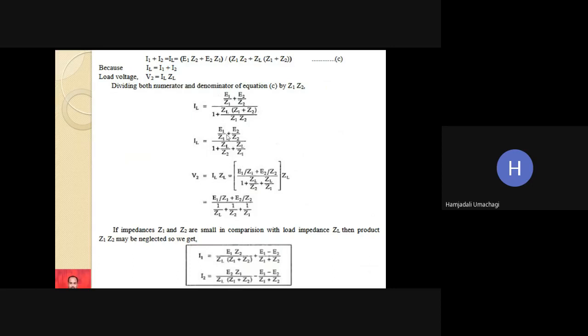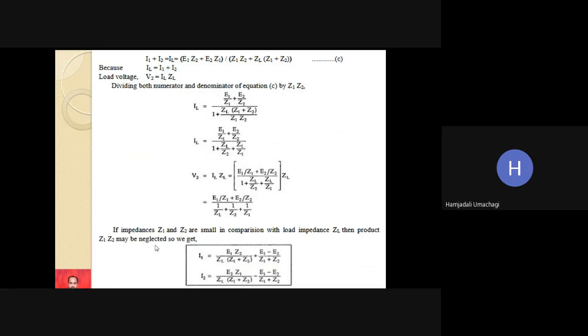That is E1 by Z1 plus E2 by Z2, whole divided by 1 plus ZL by Z2 plus ZL by Z1, multiplied by ZL. After simplifying, V2 will be E1 by Z1 plus E2 by Z2, whole divided by 1 upon ZL plus 1 upon Z2 plus 1 upon Z1. So this is the load terminal voltage.